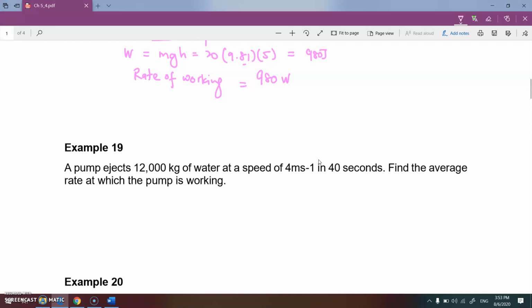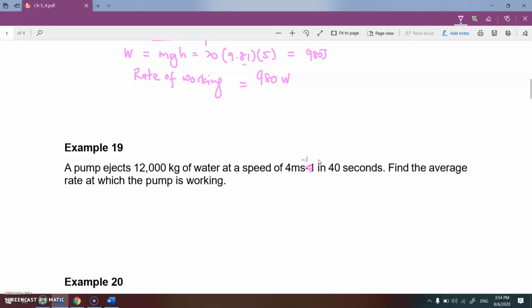Okay, and then for example 19, a pump ejects 12,000 kg of water at a speed of 4 meters per second in 40 seconds. Find the average rate at which the pump is working. You have to determine whether to use mgh or the kinetic energy.